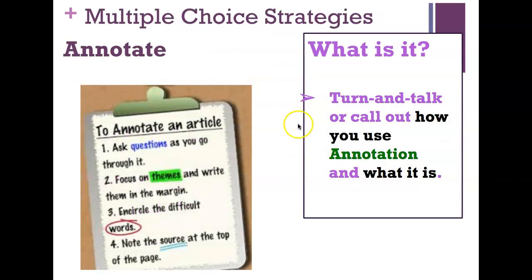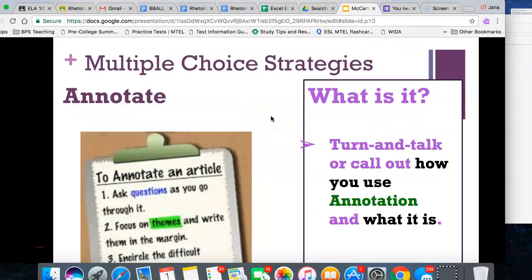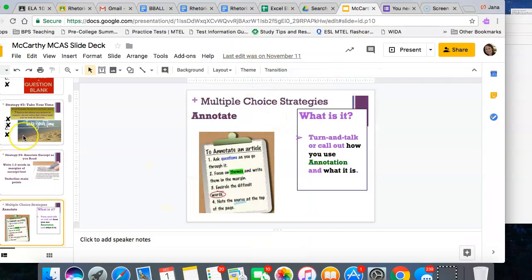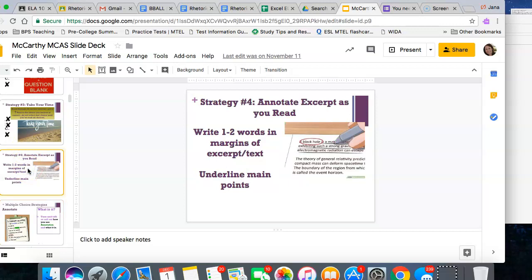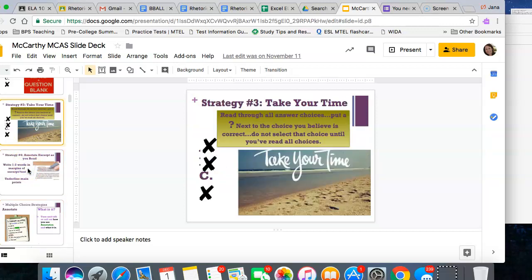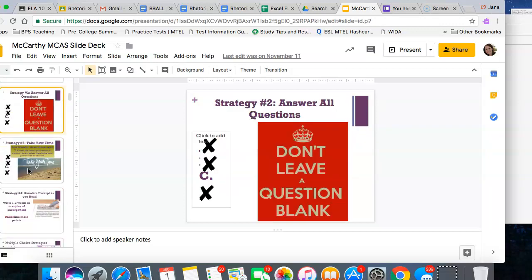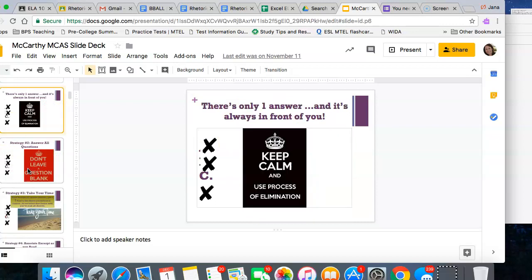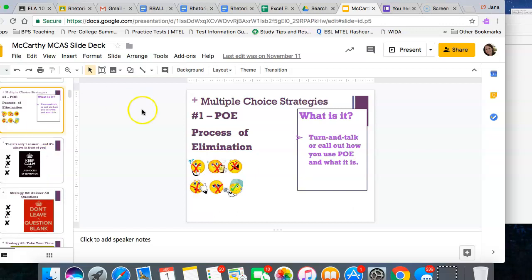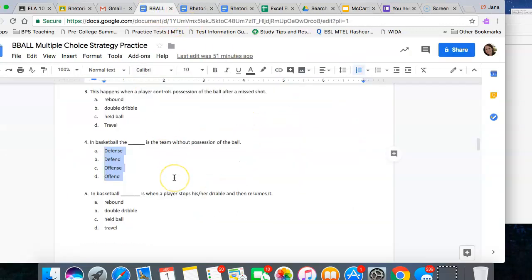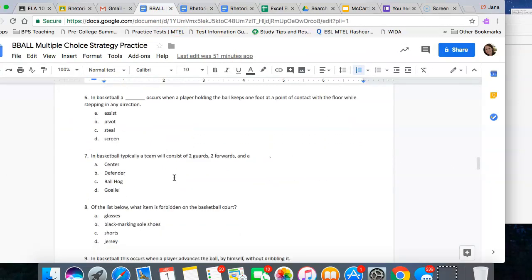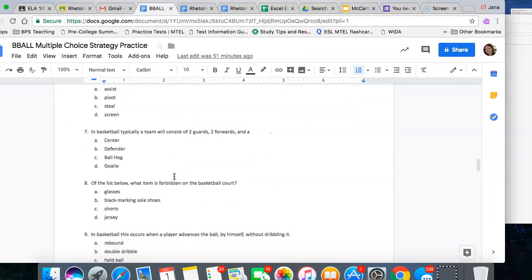So just take a moment right now to go back and look through these 3 or 4 strategies: annotate, taking your time, answering all questions, there's only one answer, and PO. With all of those together, think through the basketball mock test that you took in class.